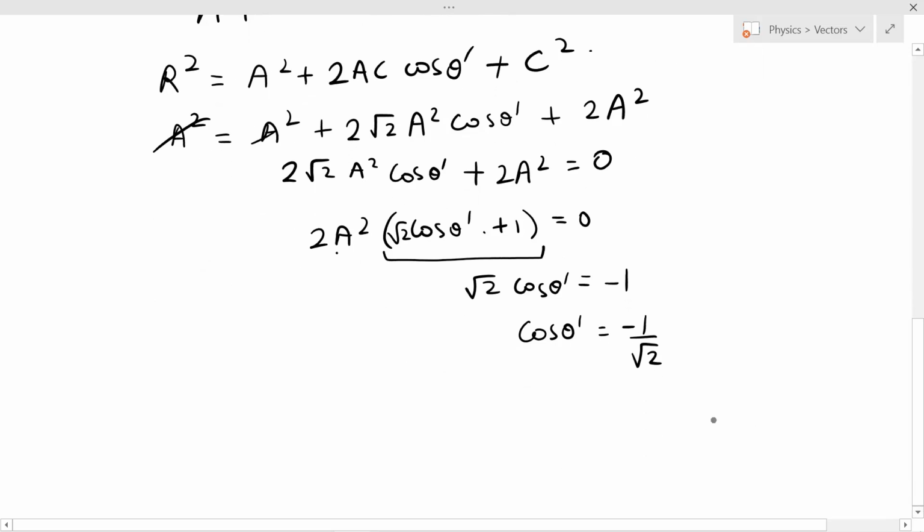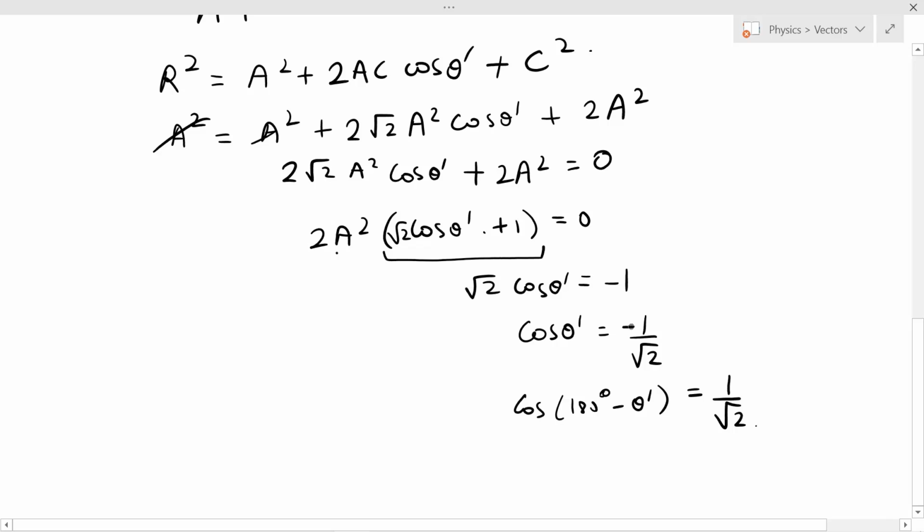Now what is theta dash? Cos theta dash can be written as cos of 180 degrees minus theta dash, with a minus sign. Sorry, this must be cos of 180 degrees minus theta dash, because cos of 180 minus theta is minus cos theta.